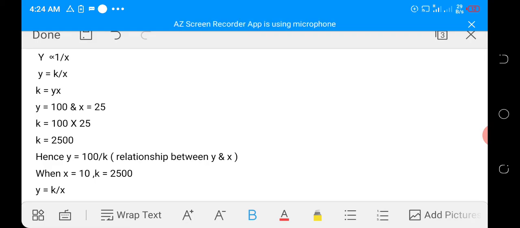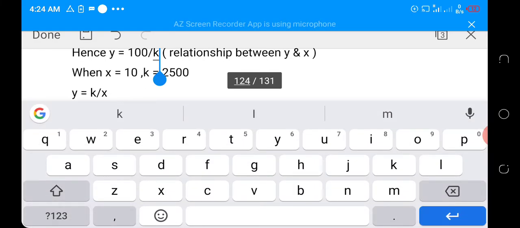So therefore, let's go back to our expression for y, which is equal to k over x. Then substituting for k, we have y is equal to 2500 over x. That is the expression for y now.